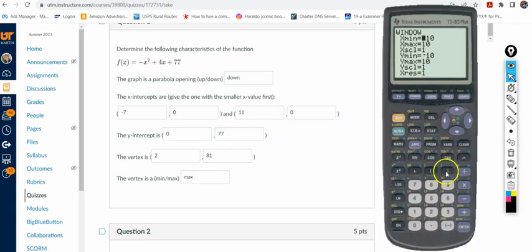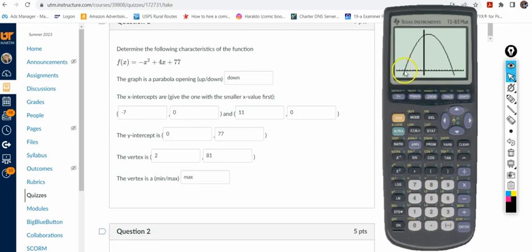So I'm thinking maybe negative 10 to positive 15, because I want to see the x-intercept at 11. And the y minimum will go from negative 10, say, up to 90. Then I'm going to press graph. I should be able to see everything there.